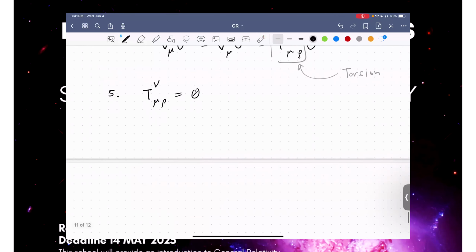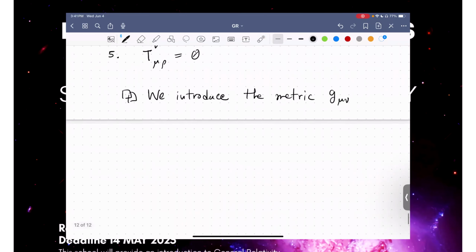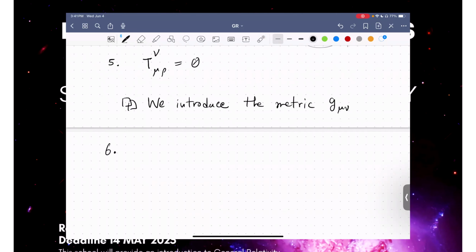All right. Now let us introduce the metric. Okay. Now we introduce the metric G mu nu. And once we have the metric G mu nu, we are going to impose yet another constraint on our Christoffel symbol, number 6, which is that we want the metric to be covariantly constant. So why do we want this?